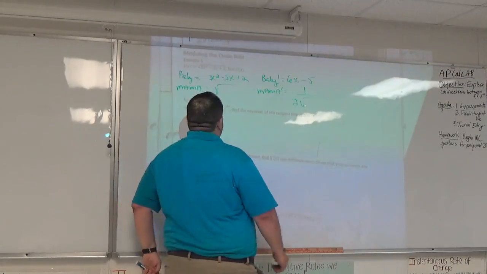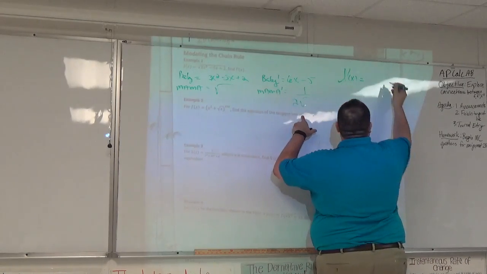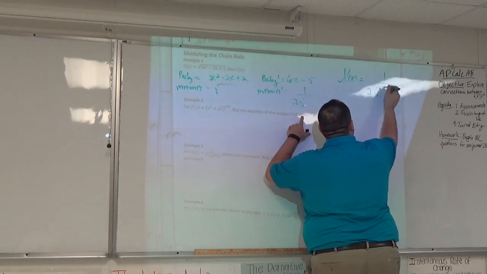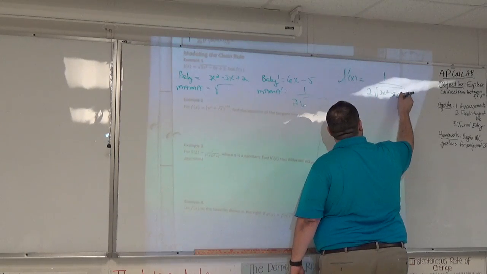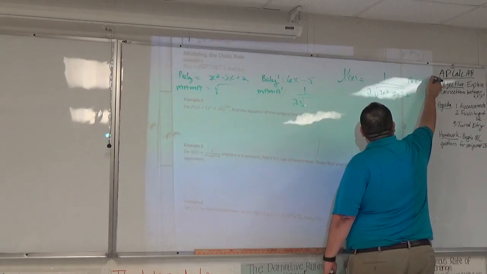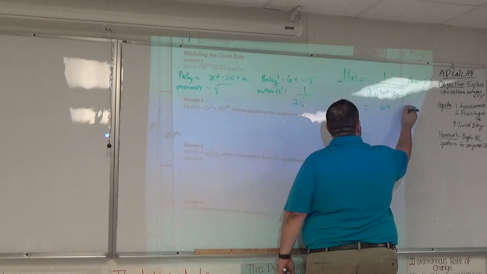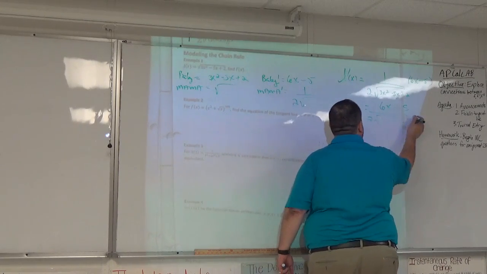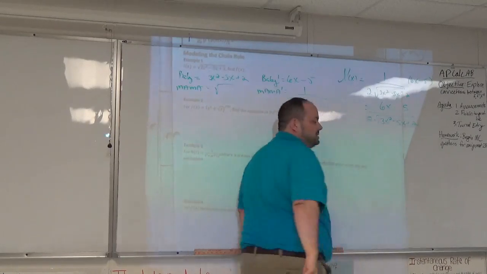So the chain rule just says take the derivative of the mama, but leave her baby alone, times the derivative of the baby, which is 6x minus 5. The best way to write this would be 6x minus 5 over 2 square roots of 3x squared minus 5x plus 2.